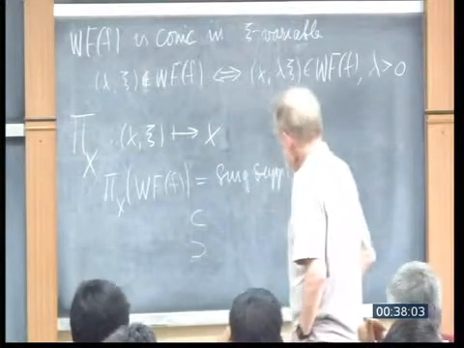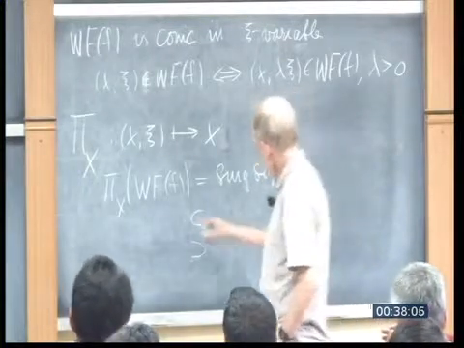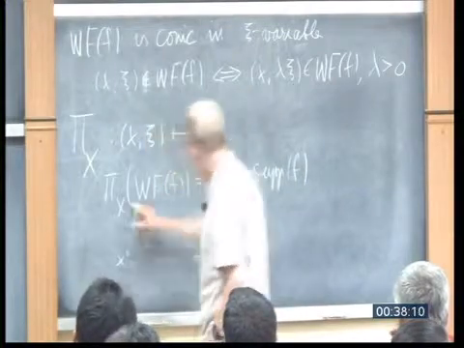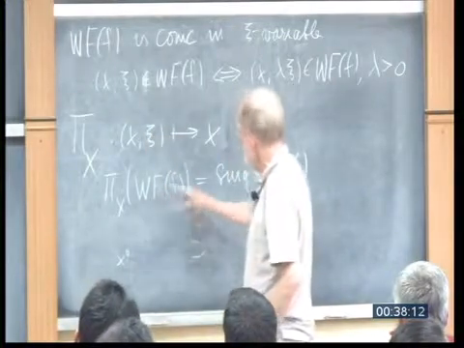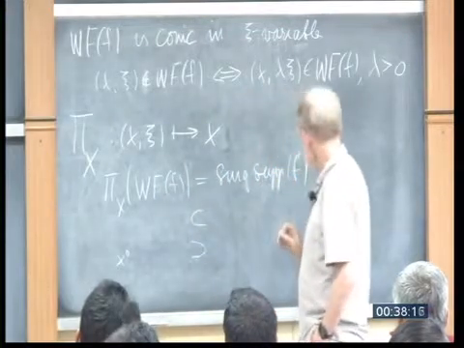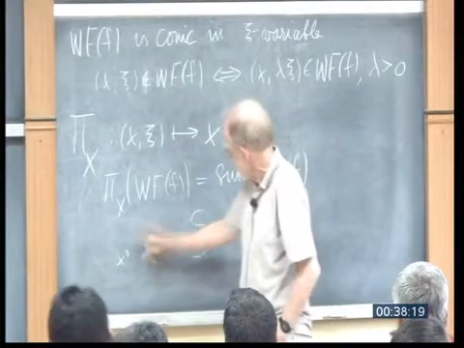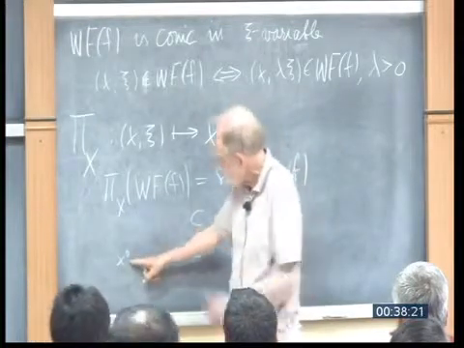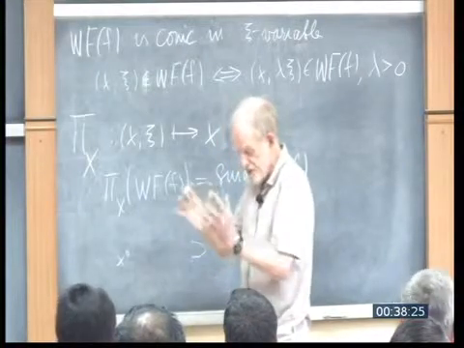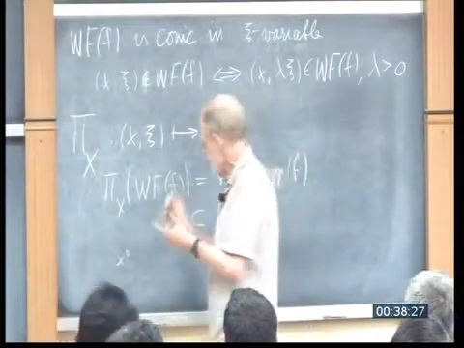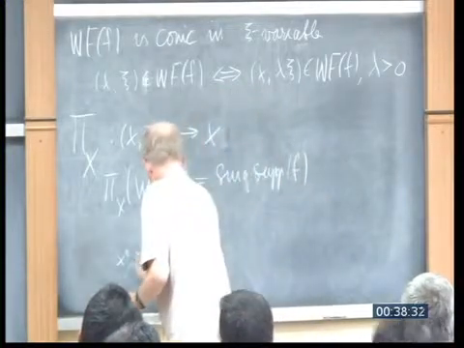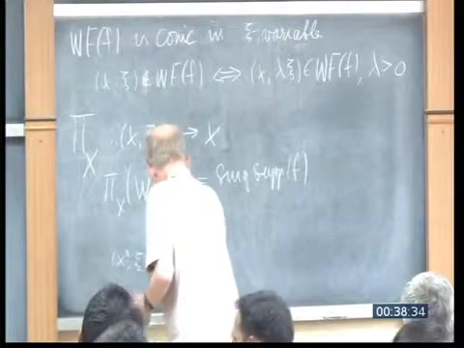Well, then we have to prove that if a certain point, x0, is not in this projection, then it is not in the singular support. But what does it mean that it is not in the projection? It means that for every ξ direction on, say, the unit ball, (x0, ξ) is not in the wavefront set.